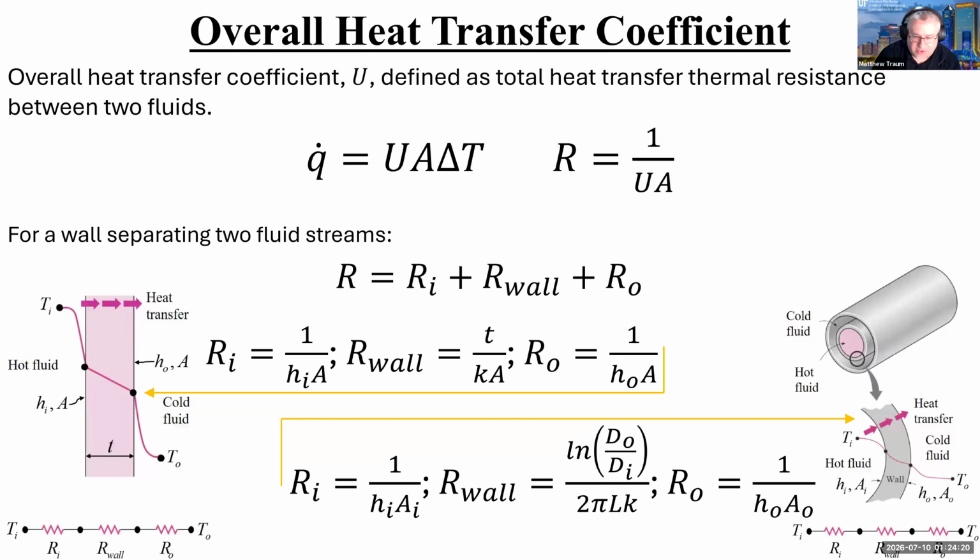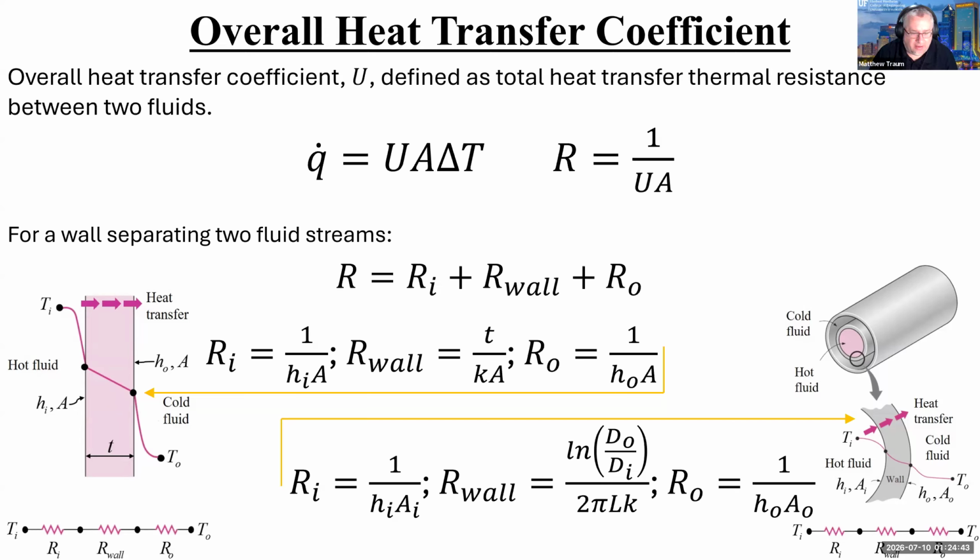And you guys are familiar with this from like chapter 2 and chapter 3. So we're going to have hot fluid running through the center. It's going to be separated from the cold fluid by this pipe wall, and that pipe wall is going to present some resistance to heat transfer that we want to account for in our model.